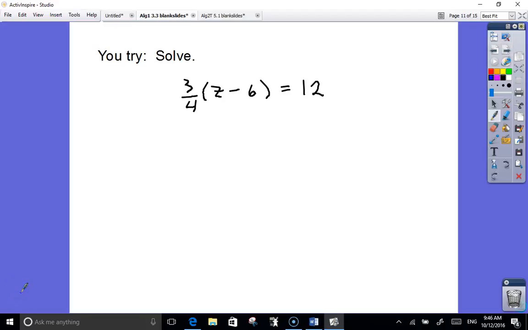So what did I multiply by first? Multiply by the reciprocal, 4/3. So these cancel. All I've got left is z minus 6. And then what is 12 times 4/3?